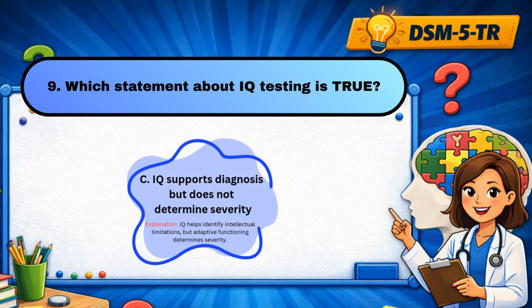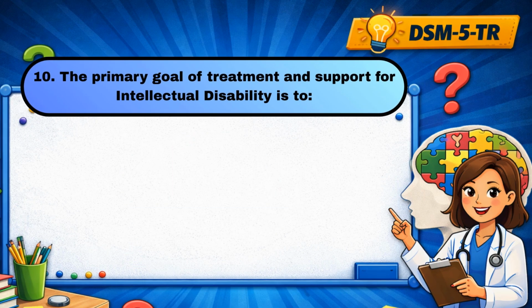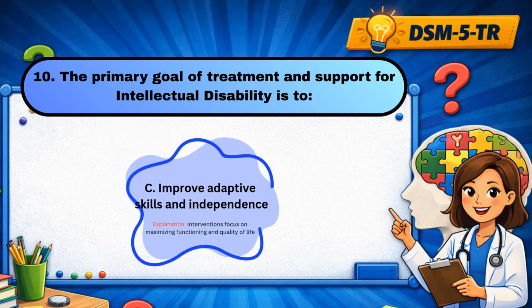C. IQ supports diagnosis but does not determine severity. The primary goal of treatment and support for intellectual disability is to C. Improve adaptive skills and independence.